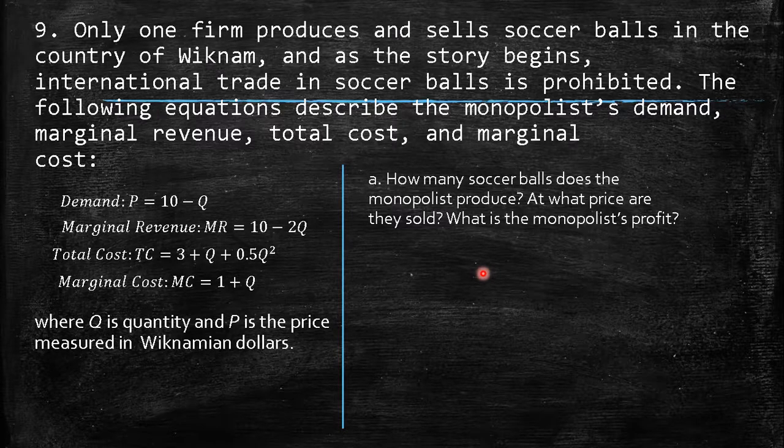And here is the first question: how many soccer balls does the monopolist produce? At what price are they sold? What is the monopolist's profit? First, we need to be aware of the monopolist condition, which actually applies to all companies.